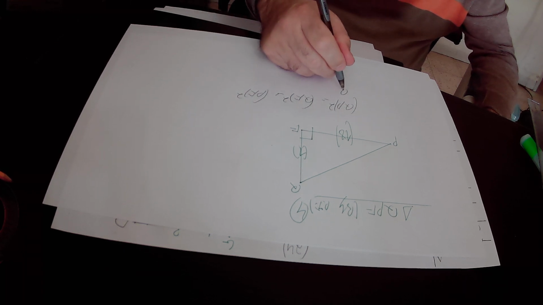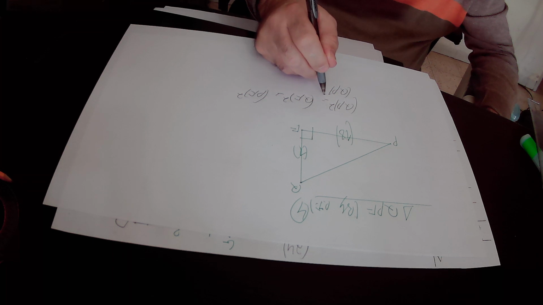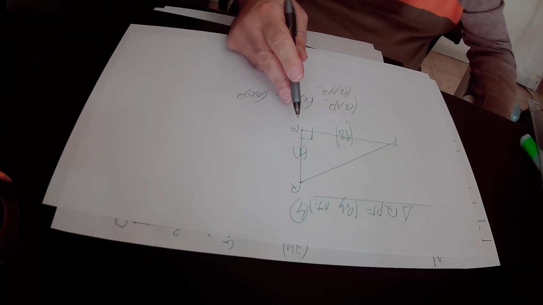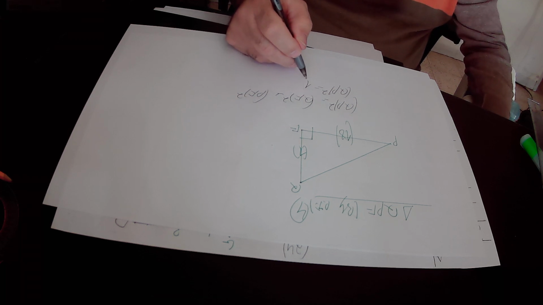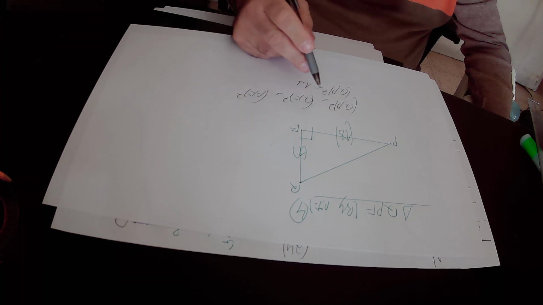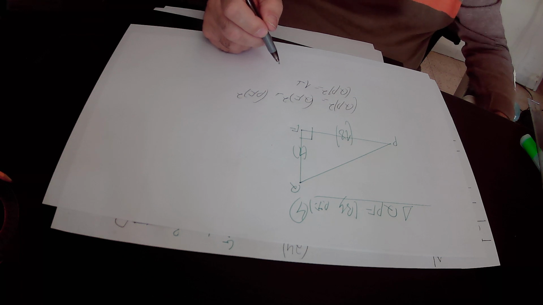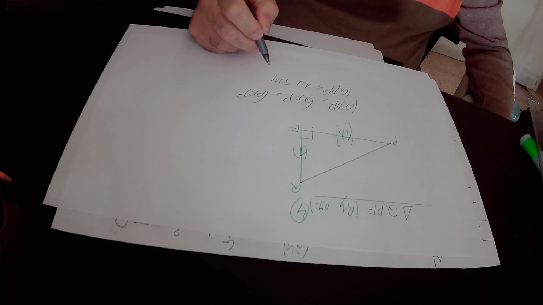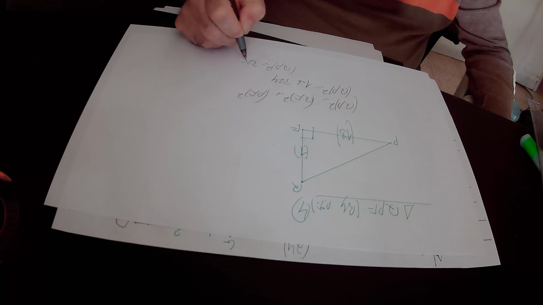So QP square equals QF square. QF is 1, therefore QF square is 1 squared, that is 1, plus PF square. PF is 18, therefore PF square is 18 squared, that is 324. So QP square equals 324 plus 1, which is 325.